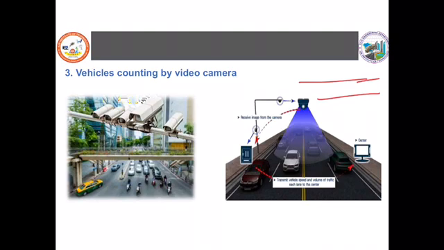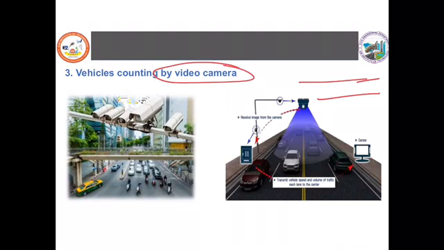Identify one elevated place, so that you can see the movement of vehicles. On such an elevated place, you should fix up one video camera, switch it on and leave it. That will record the passage of each and every vehicle.